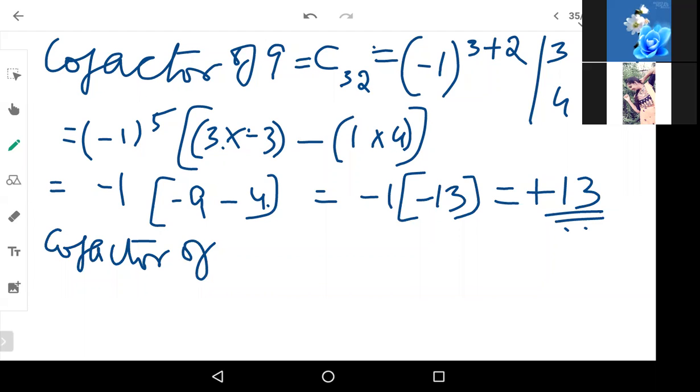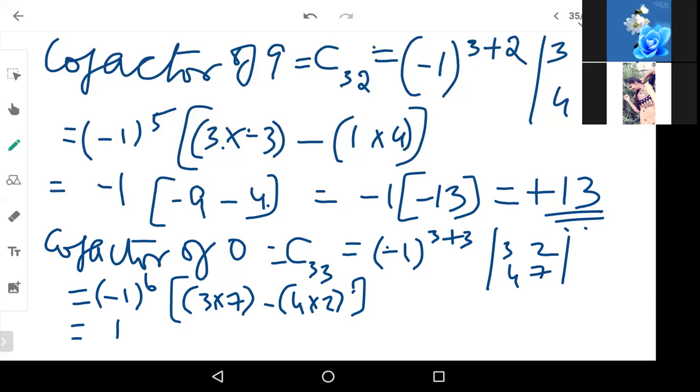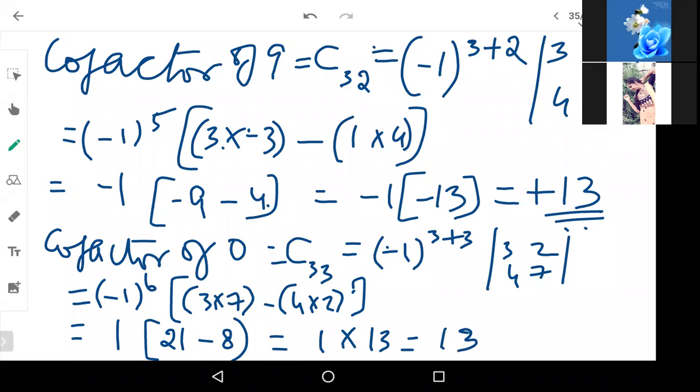The last one, cofactor of 0. Nine is plus 13.